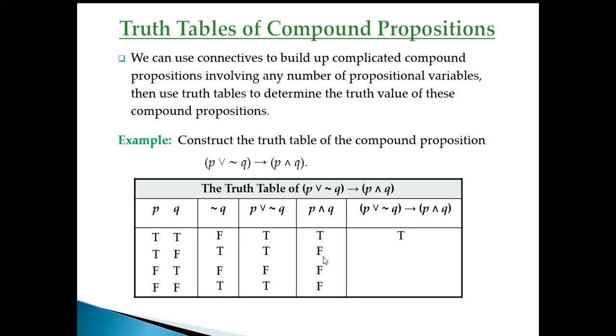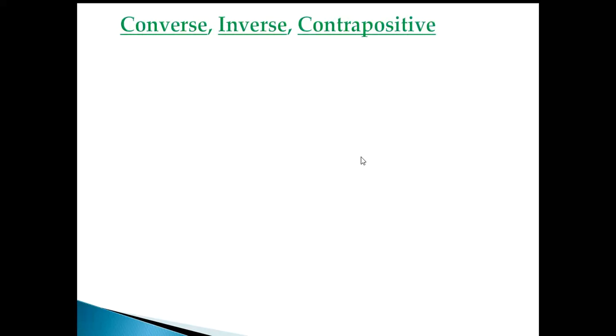True implies false, the second is false, so its truth value is false. False implies false is true. False implies true is true. So like that, we can find the truth value of this statement, and this complete thing is called the truth table. Clear? That is how to form the truth table of a compound proposition.